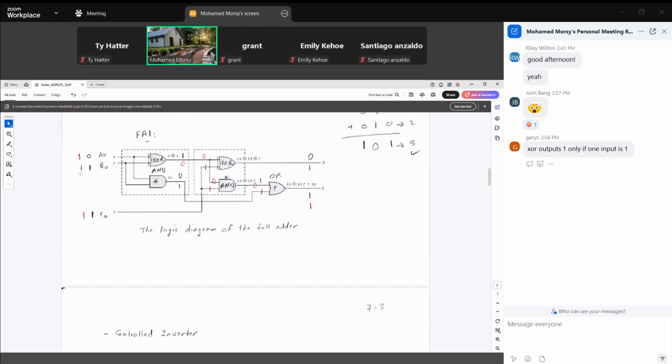If you look at 1, 1, 1 in the red one, A0 is 1, B0 is 1, and C0 is 1. So we talk about the bits in the red color now. So 1, 1 for the exclusive OR gives 0. 1, 1 for the AND gate gives 1.